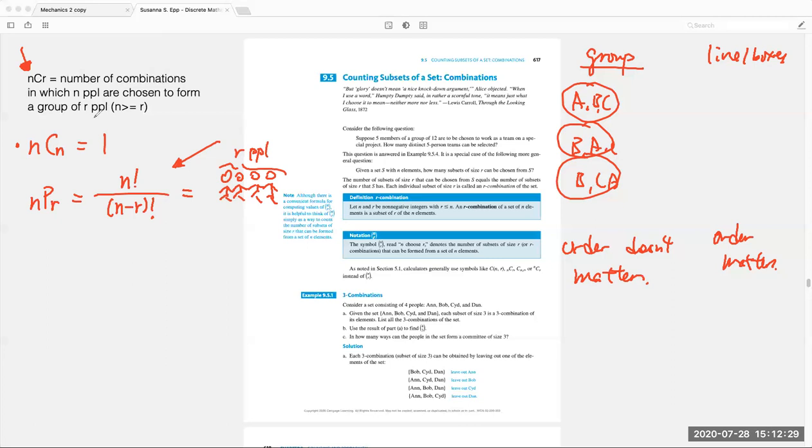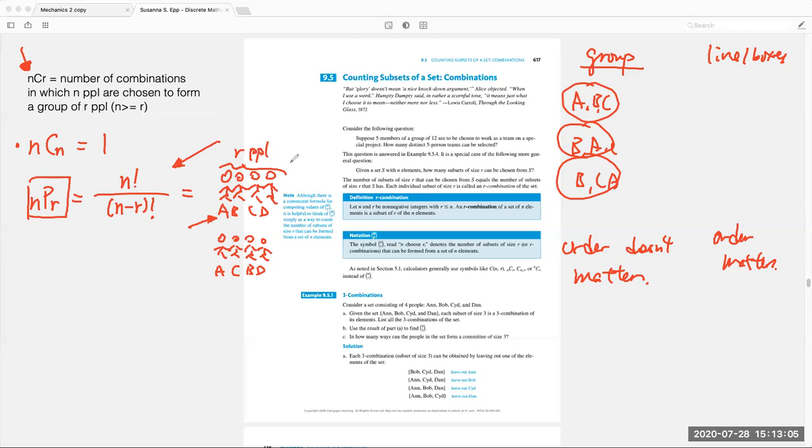So right now for NCR, the ordering does not matter. So what can we do? Let's say there are r people. How many different ways can they line up? Let's say this one is A, B, C, D, okay? It counts as one choice in NPR. So they can also be D, C, B, A, okay? It counts as another choice in NPR.